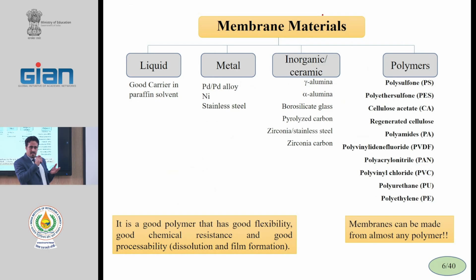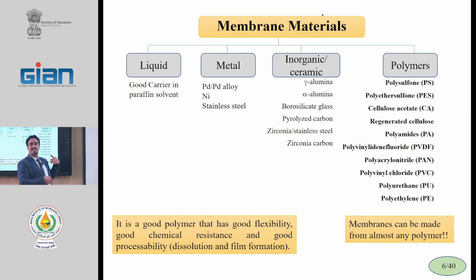With a little touch, they can be destroyed, and we cannot use them. But the fouling in ceramic membranes is very low. In daily industry, we usually use ceramic membranes.